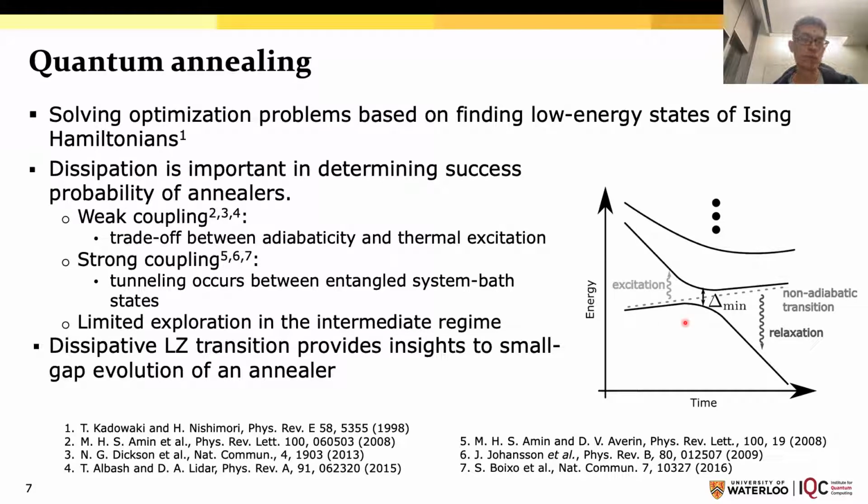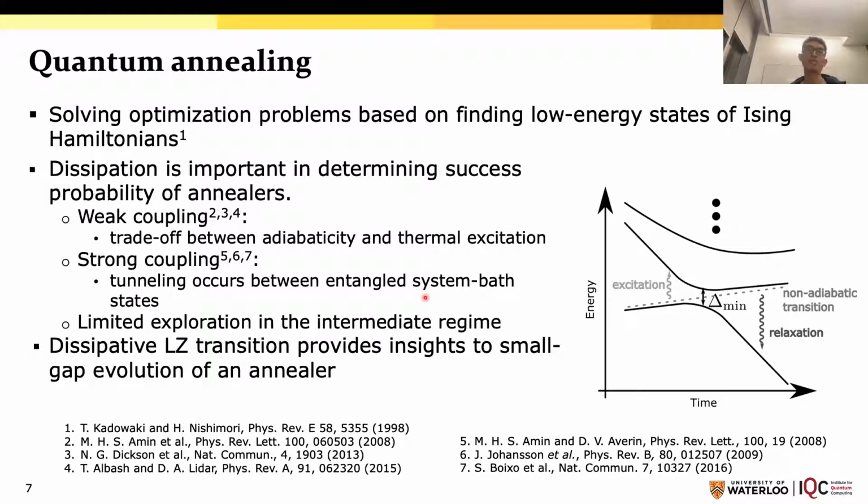If you evolve too fast, the evolution becomes diabatic, which brings you out of the ground state. If you evolve too slow, then there will be thermal excitations near the minimum gap, which would also bring you out of the ground state.